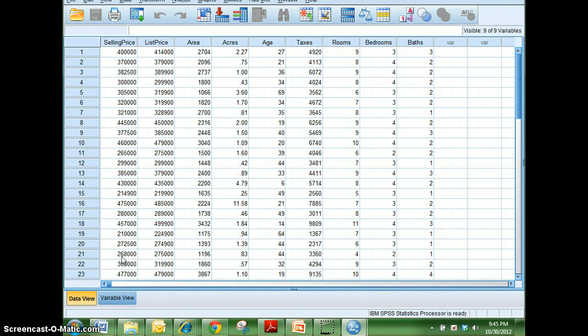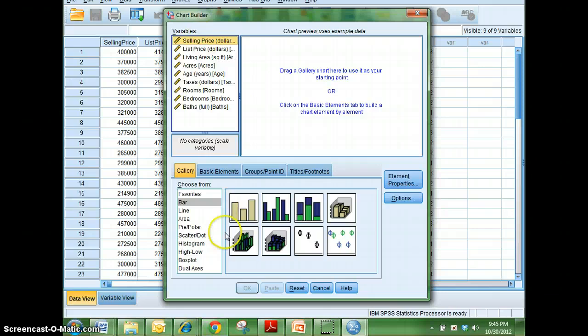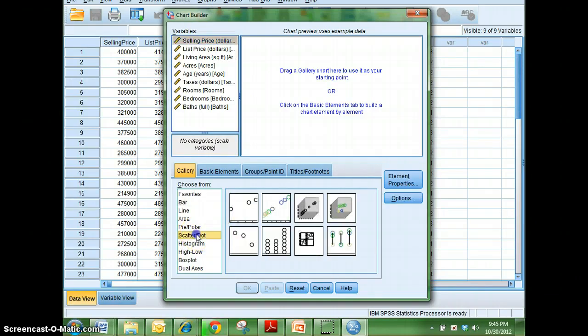So what I can look at then is a relationship between two of the variables. Let's see if there's a relationship between the selling price and the number of acres that are involved with the selling price. So in order to do this, I'm going to go up to Graphs and Chart Builder. And then I'm going to go down here to Scatter Dot.